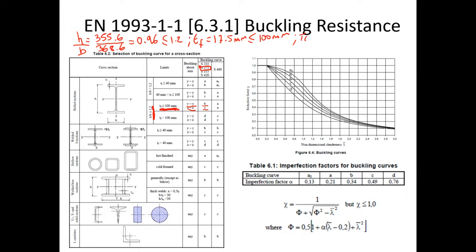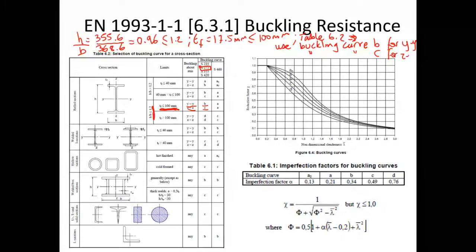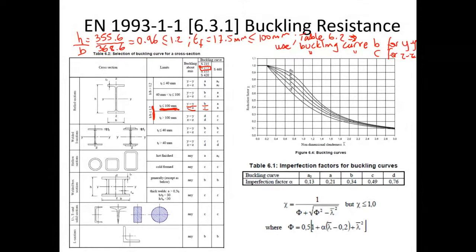So table 6.2 implies use buckling curve B for buckling about the YY, and use buckling curve C for about the minor axis. That's it.